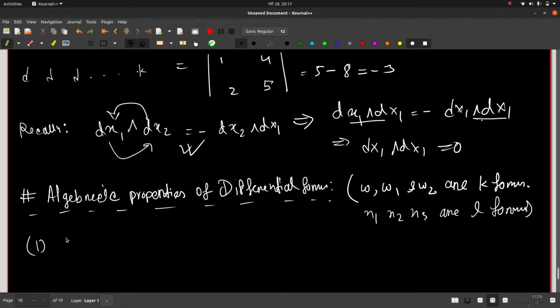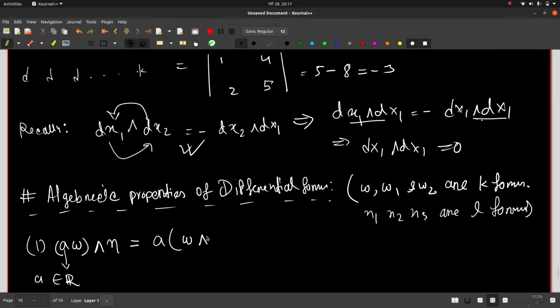The first one is that a omega, where a is a scalar, a belongs to the real numbers, a times omega, where omega is a k form, wedged with eta will simply give you a times omega wedged with eta, and this is also equal to omega wedge a eta.